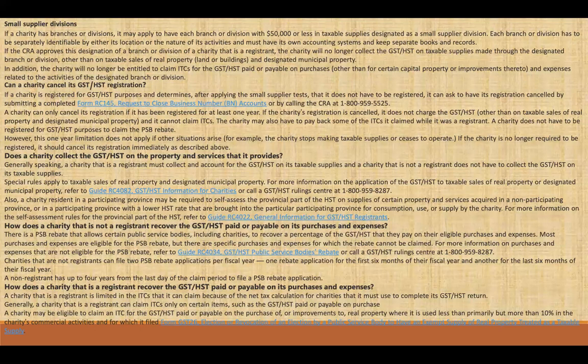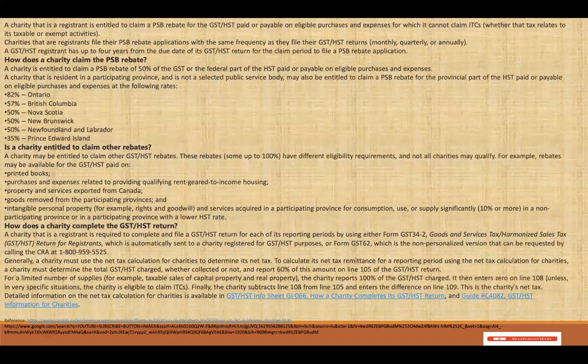Generally, a charity that is a registrant can claim ITCs only on certain items, such as GST paid or payable on purchases. A charity that is a registrant is entitled to claim a PSB rebate for the GST paid or payable on eligible purchases and expenses for which it cannot claim an ITC.